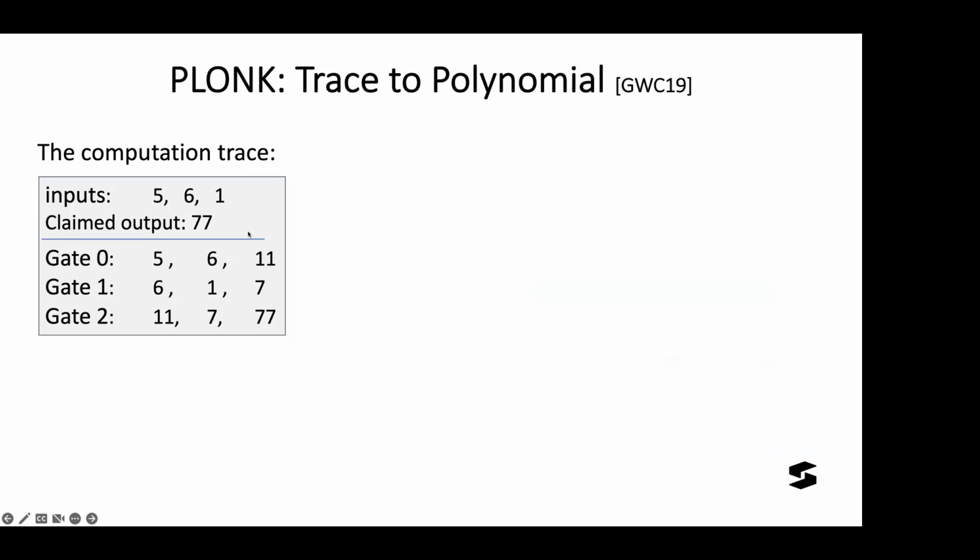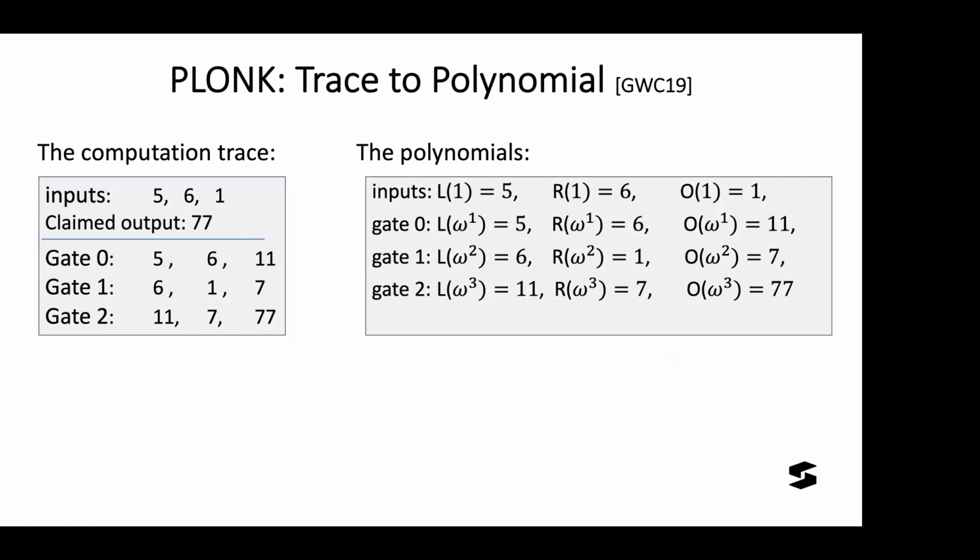Then Plonk uses univariate polynomials to interpolate these columns of the matrix so that it can conveniently conduct polynomial equation checks later. You can see here, for the first column, I use a polynomial L to interpolate these column values over a multiplicative group, where omega is the root of unity.